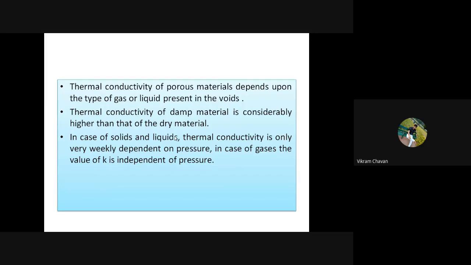In case of gases, the value of K, thermal conductivity, is independent, meaning not dependent, of pressure. Okay, full stop.